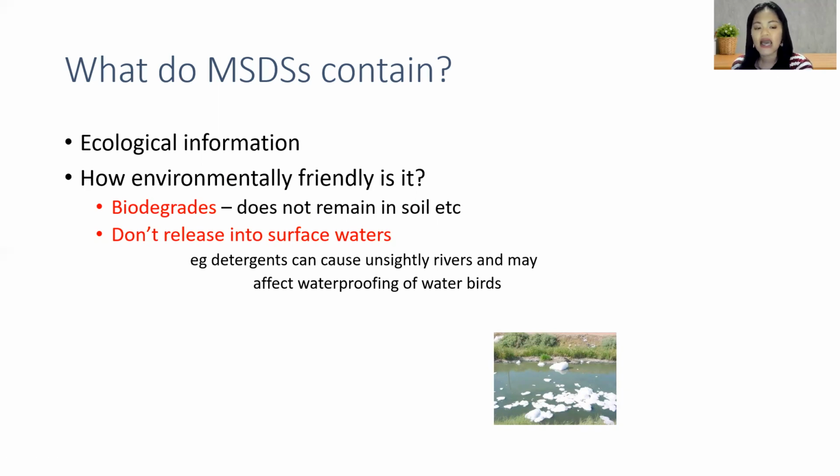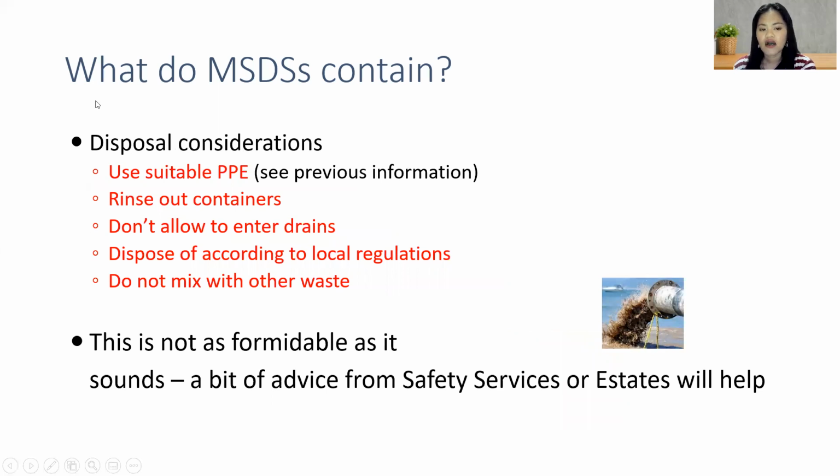That is why it is called material safety data sheet. It is not just to give you information on how to protect yourself, but also other people and the environment. So it also contains the disposal considerations, of course, because if your chemical is volatile, you don't have to carelessly throw it out into the sink and just leave it there, not worried about how you discarded it.